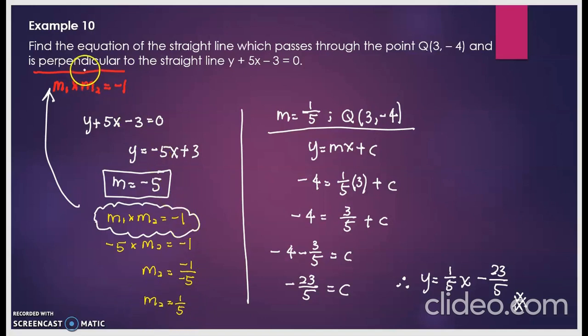If they are parallel, we can straightforward use the gradient as our gradient for the new equation, like example 9. If they are perpendicular, we have to add one more step, m1 times m2 is equal to negative 1, in order to find the gradient.